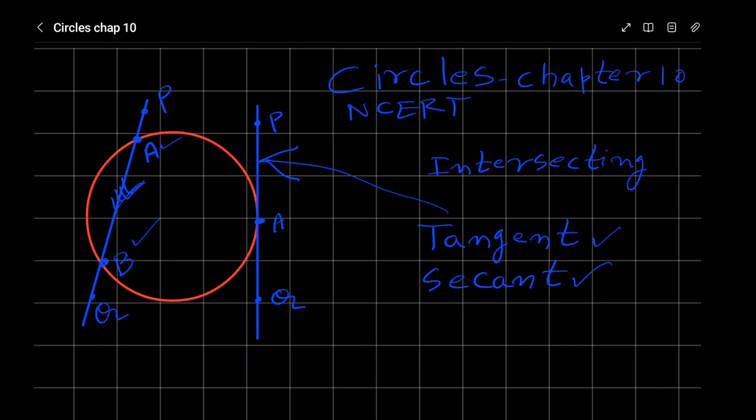So here, this is a usual secant, and a tangent is a special case of secant where point A and point B coincide and they just become one, and then they are just touching the circle.